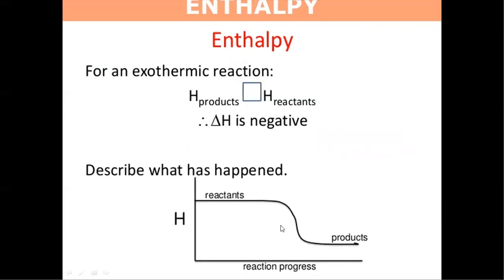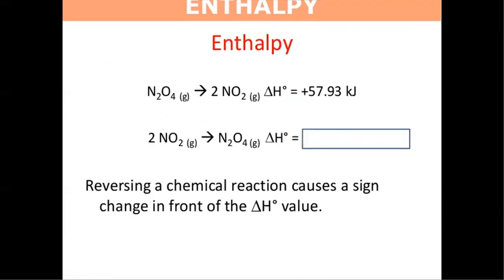For this reaction, delta H equals plus 57.93 kilojoules. Why? Because the chemical energy of the products is more than that of the reactants. 1 mole is available for the reactants and 2 moles for the products. So this is an endothermic reaction, with delta H equal to plus 57.93 kilojoules.